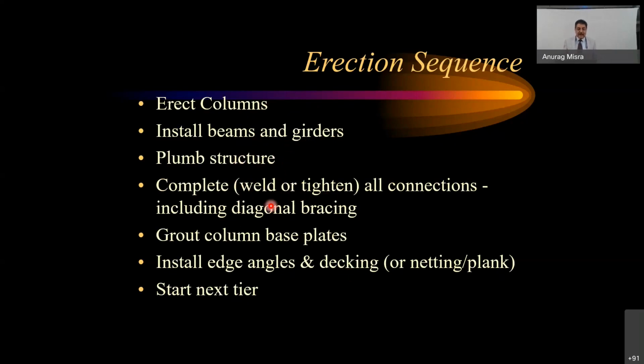Then tightening of bolts, and once the final tightening is done, the plumb checking has to be done again for the building, and then grouting of the column braces, and then the rest of the processes could be taken up.